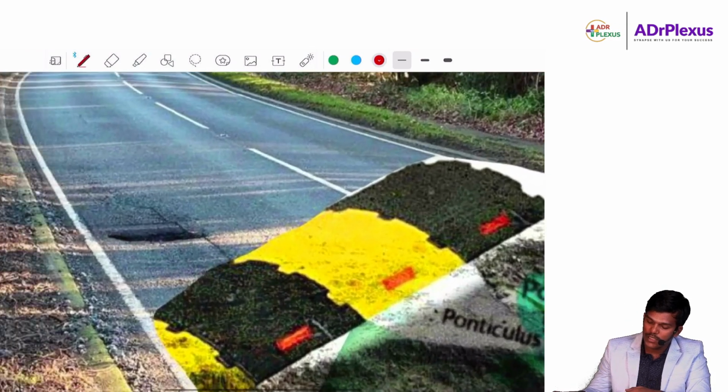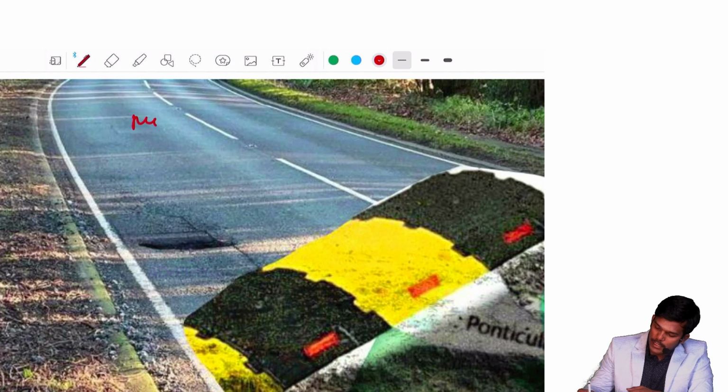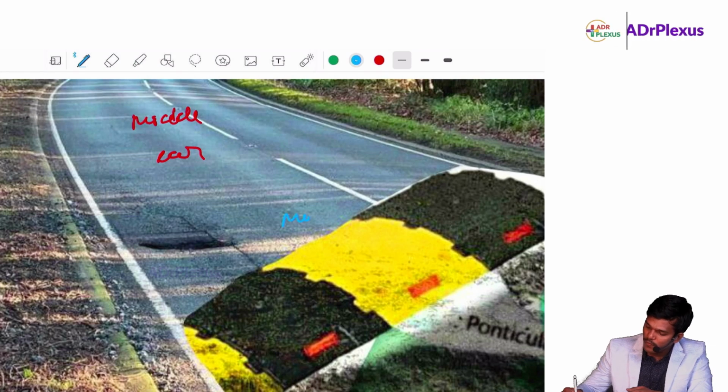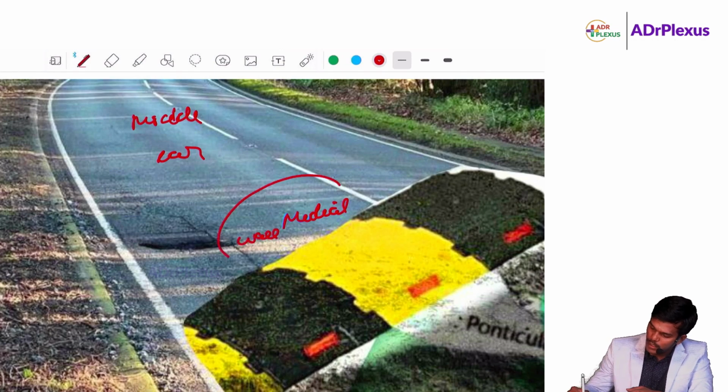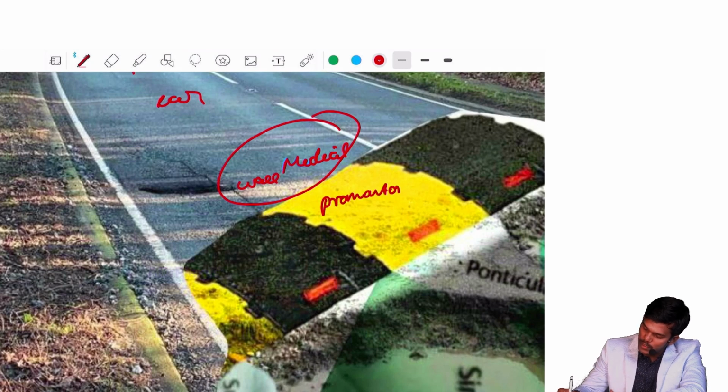Similarly, if you consider this to be the middle ear, suddenly entering into the medial wall of the middle ear, there is a prominence like a speed breaker, that is our promontory.